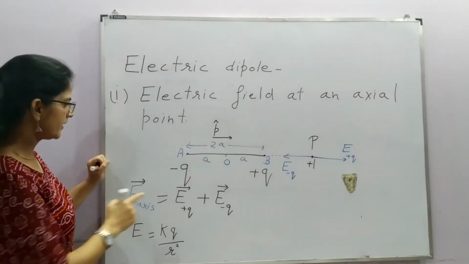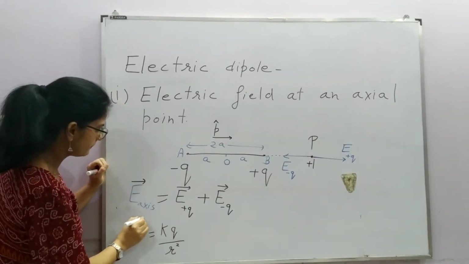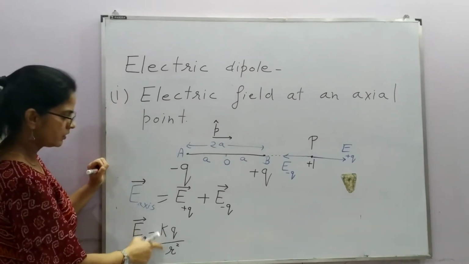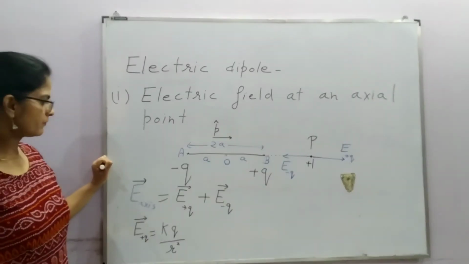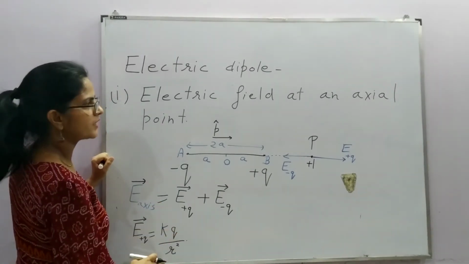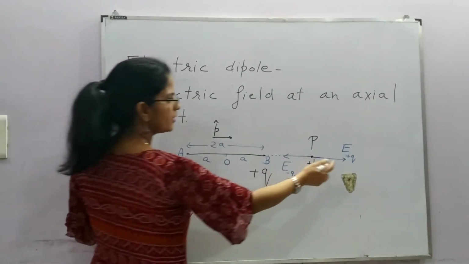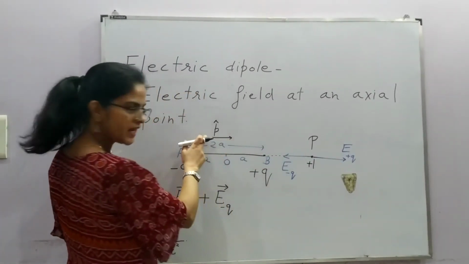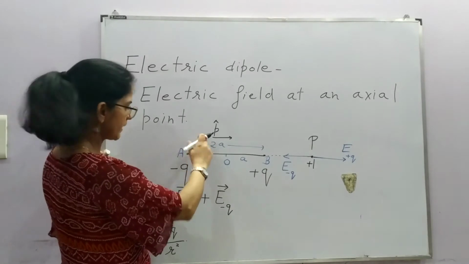Now for writing the electric field vector due to plus q charge, this will be the magnitude multiplied by the direction of plus q electric field. We know that the direction of electric field due to plus q charge is the same as the direction of p cap.